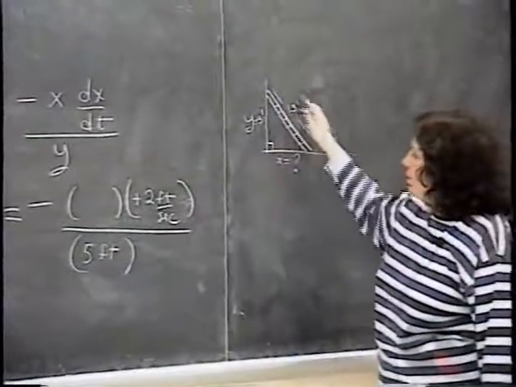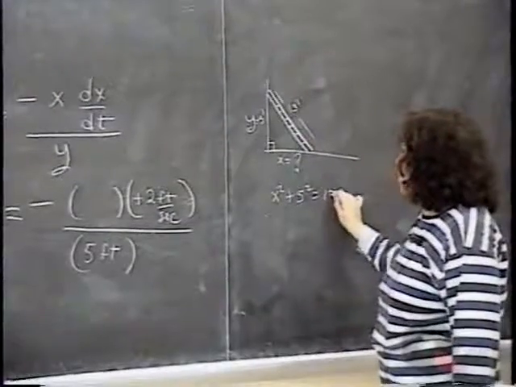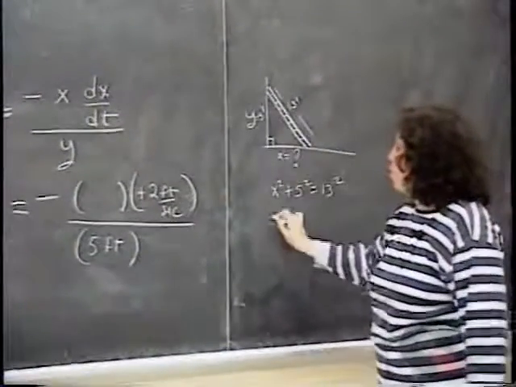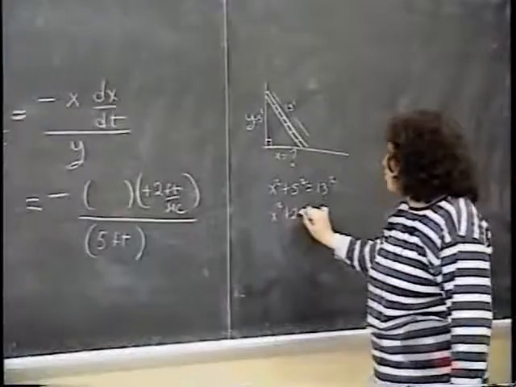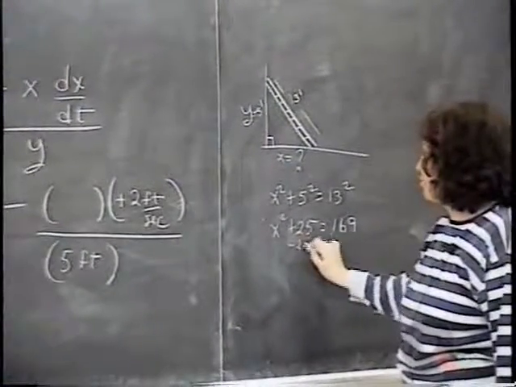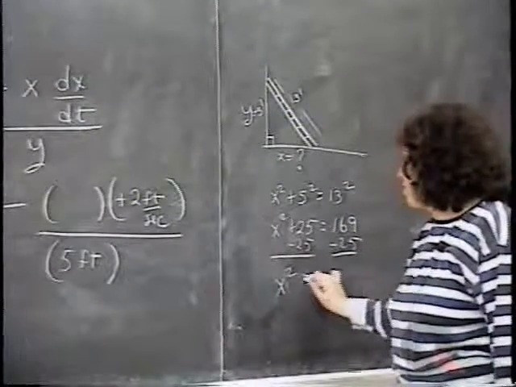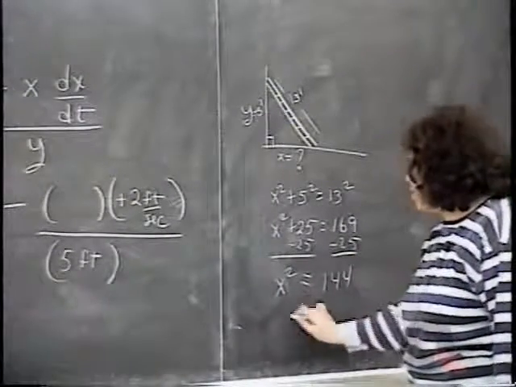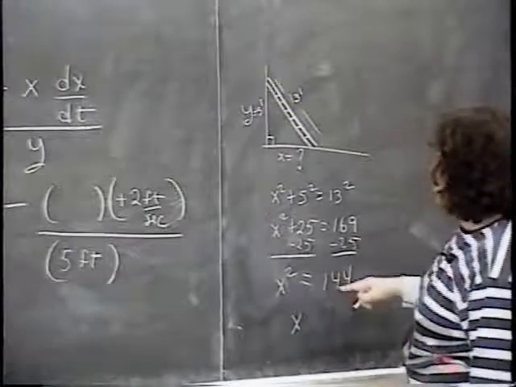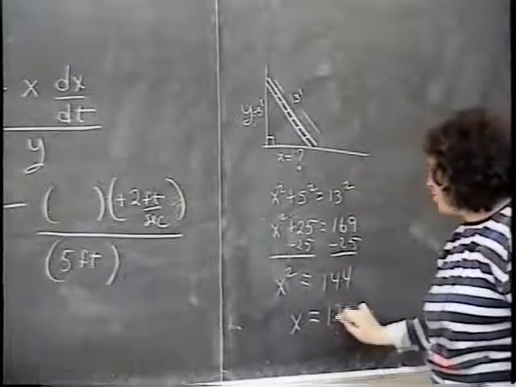Well, since we have a right triangle, x squared plus 5 squared must be equal to 13 squared, or x squared plus 25 must be equal to 169, or x squared must be 144, or x would be plus or minus 12. We reject the negative. For this physical problem, x is equal to 12.